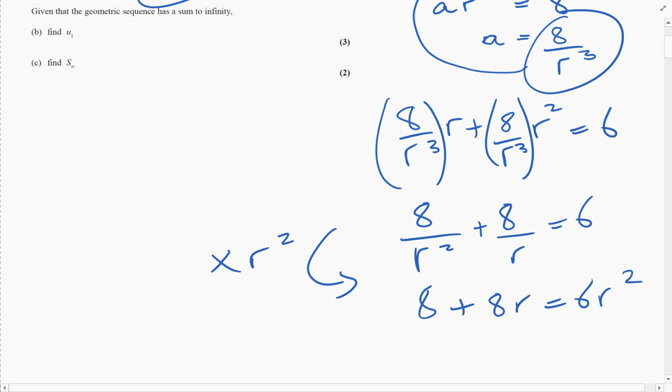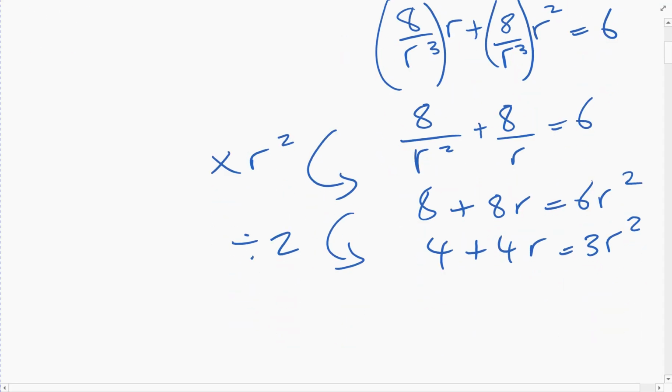Let's divide everything by 2. Divide by 2, we get 4 plus 4R equals 3R squared. And hopefully that's what we're trying to prove, something like that. So get everything on the right hand side. And we've got that, which is what we're trying to prove in part A.